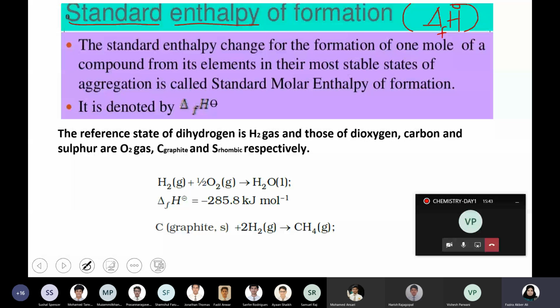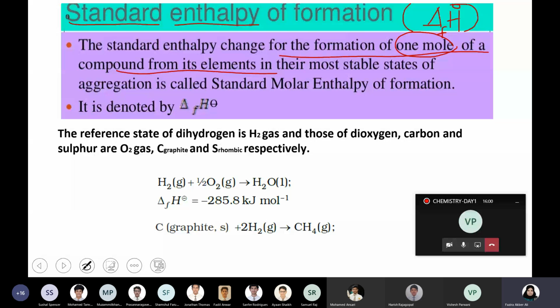So as the name indicates, it is related to the formation. But what is to be noted is, it is the formation of 1 mole of a compound. You're preparing 1 mole of a compound.